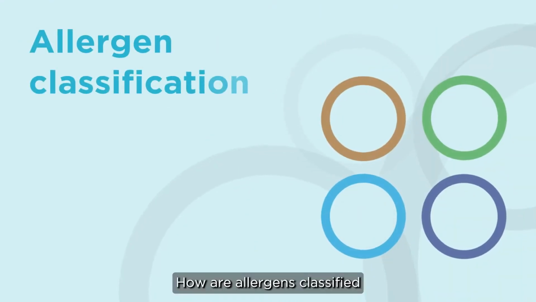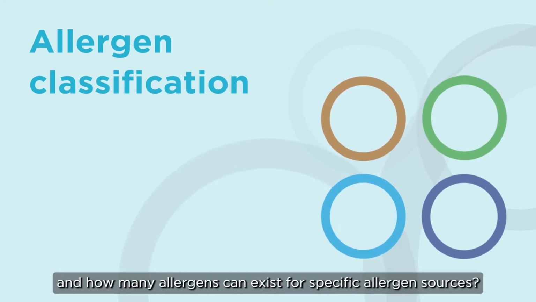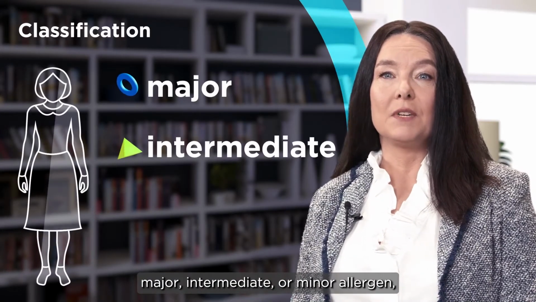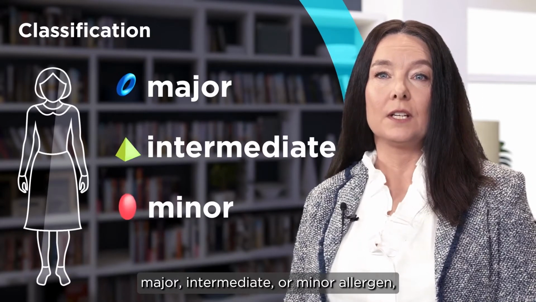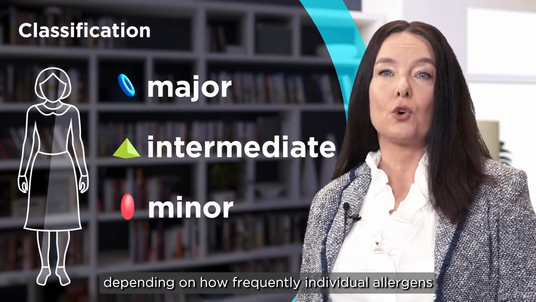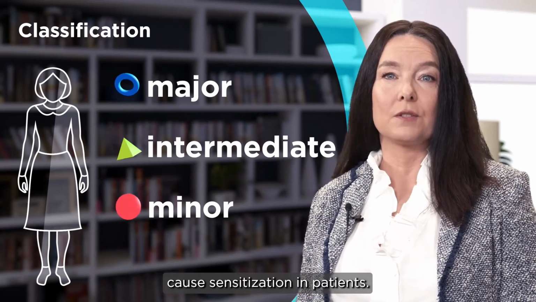How are allergens classified and how many allergens can exist for specific allergen sources? Allergens are classified as major, intermediate, or minor allergens, depending on how frequently individual allergens cause sensitization in patients.